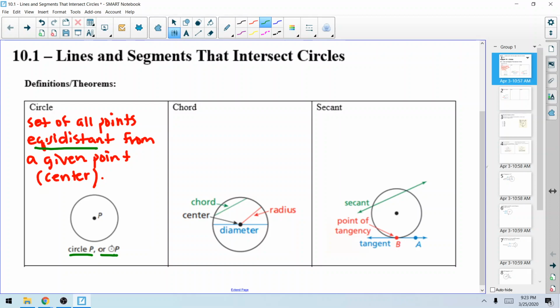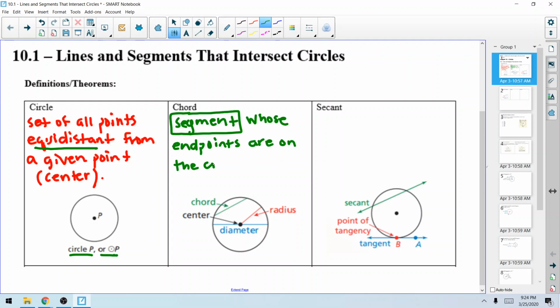Next definition. A chord is a segment, and I'm going to put that in a box, whose endpoints are on the circle. Okay, now keep in mind segment, ray, and line.